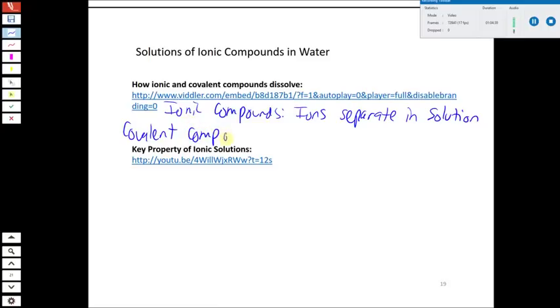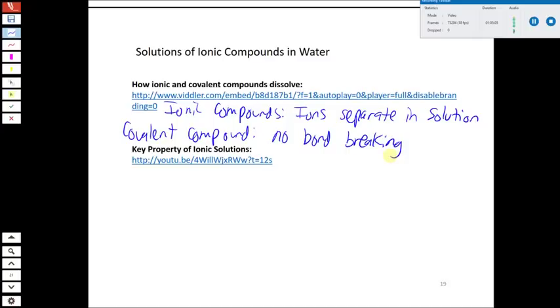When you dissolve a covalent compound in water, there's no breaking of any bonds. So the molecules stay intact, but you still have a process of dissolving that involves separating those molecules from each other. The water molecules still surround the other molecules, but they don't actually break them apart like they would in an ionic compound. So in solutions of ionic compounds, you have charged ions actually present in solution. Covalent compounds, you don't have that situation.